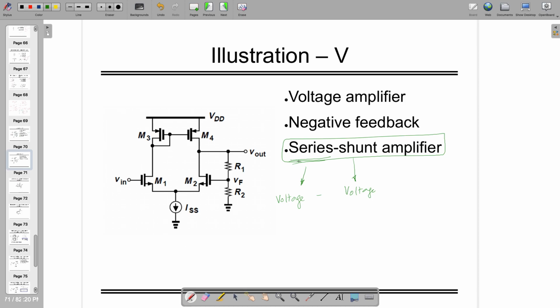By the way, writing which part is first, some books follow a different convention, but the easiest way is to call it the voltage amplifier. If you write the first part as output and the second part as input, that's the best way. So I suggest you just use voltage amplifier, or accordingly you can use other topology names, but series shunt can also be written, and you can understand that easily.